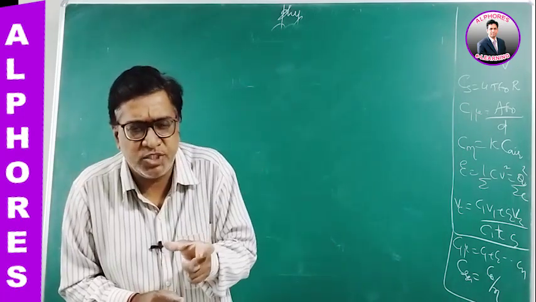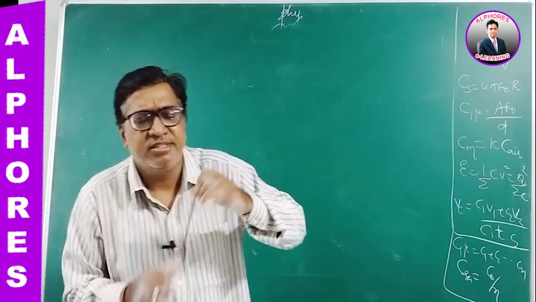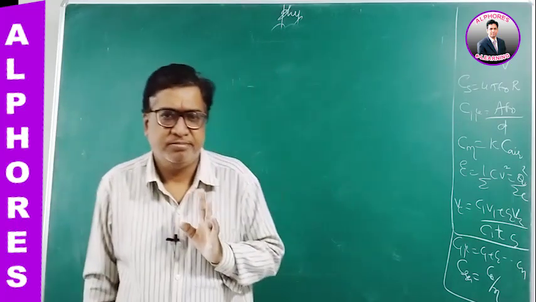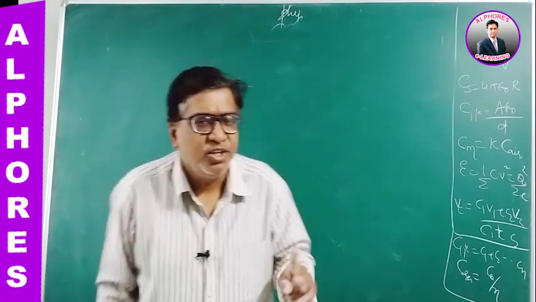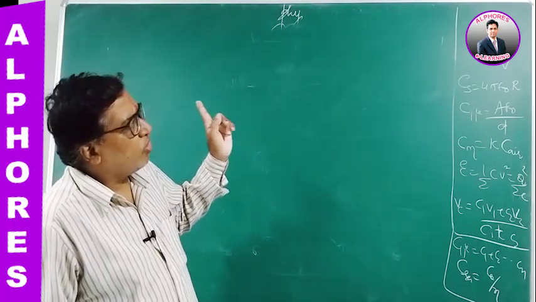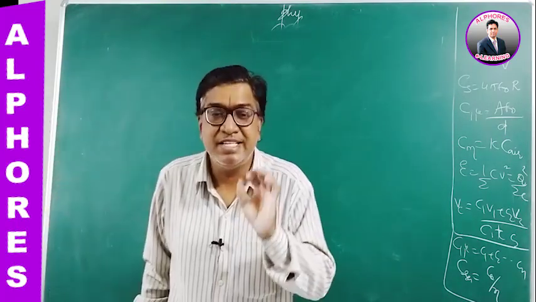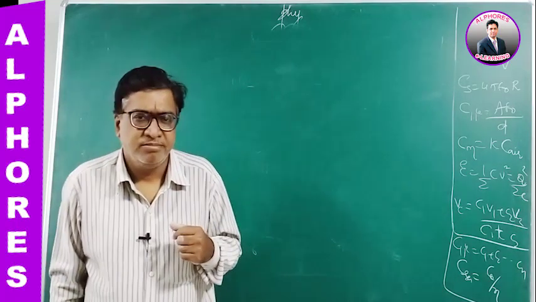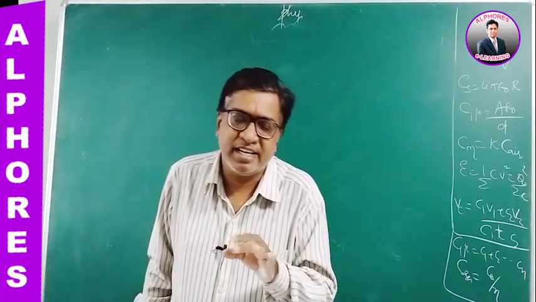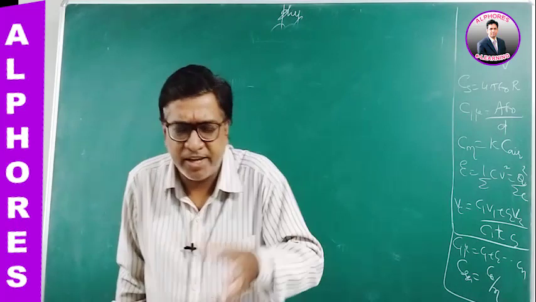If you find any two elements connected to the same pair of points, then they are said to be in parallel. This way you can solve all the circuits. These are called simple circuits, where the elements are either connected in series or in parallel.